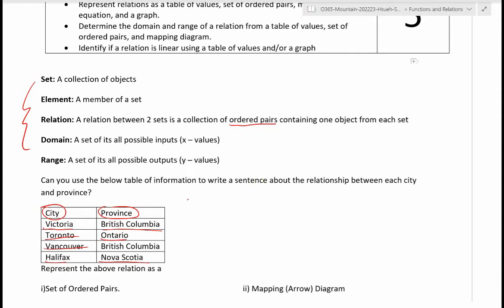You can say that the city Victoria is located in BC. That's how they are related. An ordered pair again has one element from each set. The city Victoria is located in the province of British Columbia.